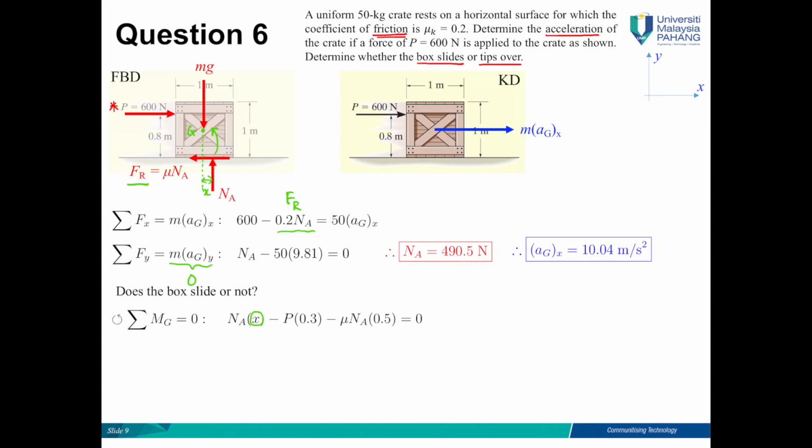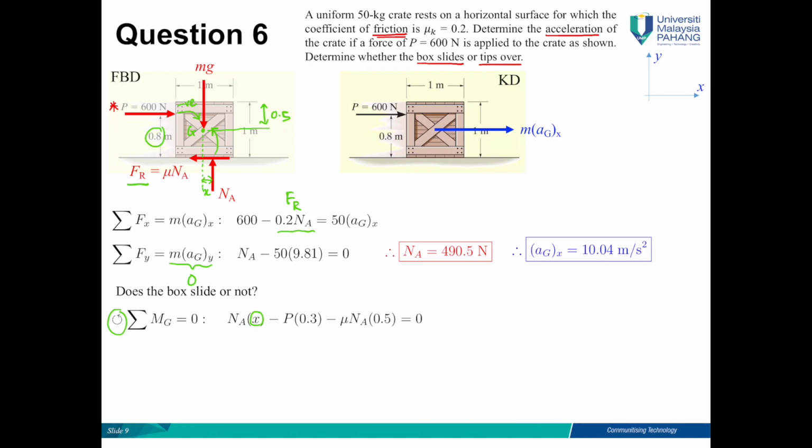So we will use NA times x for the moment of NA, and this is going counterclockwise, so this will be positive. The force P going around G will be clockwise, so this one is negative, times 0.3. Because half of this is 0.5, so 0.8 minus 0.5, you will get 0.3.